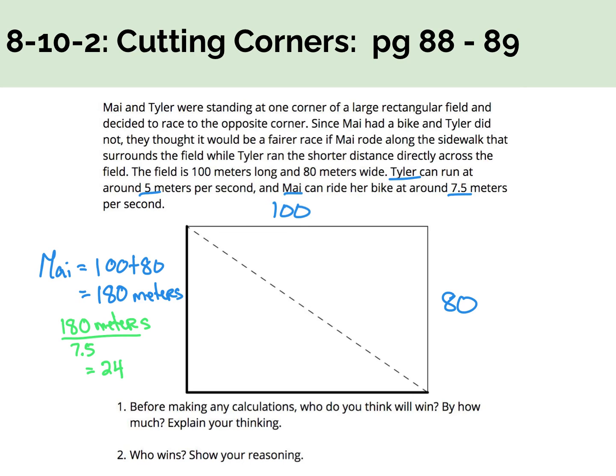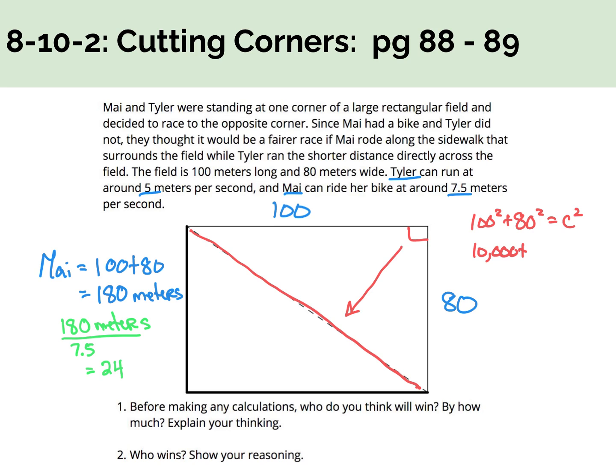Now let's talk about Tyler. Tyler went ahead and cut across, right? This part is Tyler, but we have to figure out what that distance is. So we're going to say 100 squared plus 80 squared is the c squared, because it's a rectangle, right? C is always across from the 90 degrees. So we're going to have 100 squared, that is 10,000.